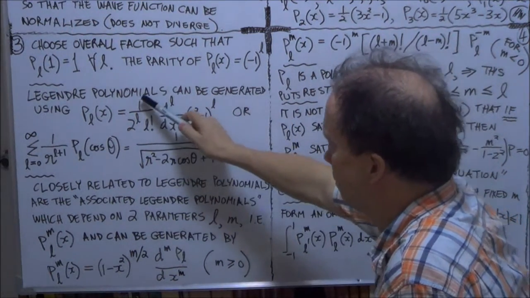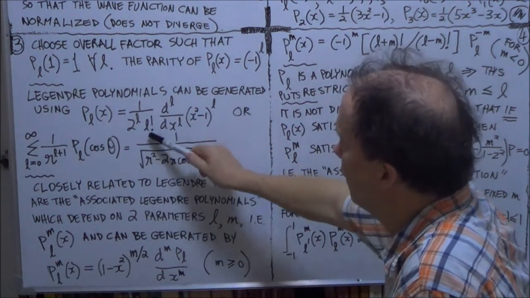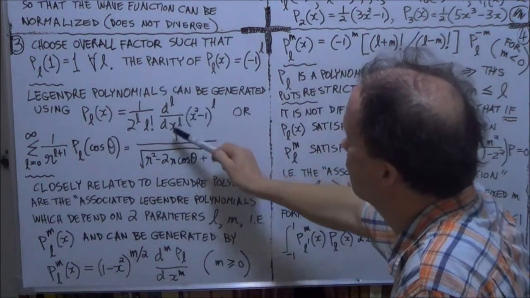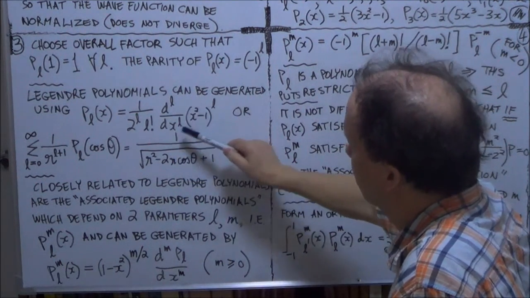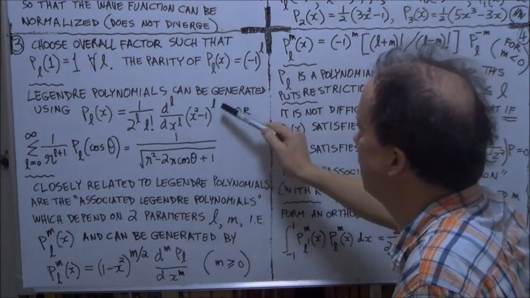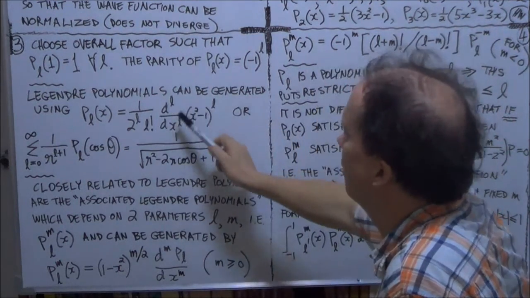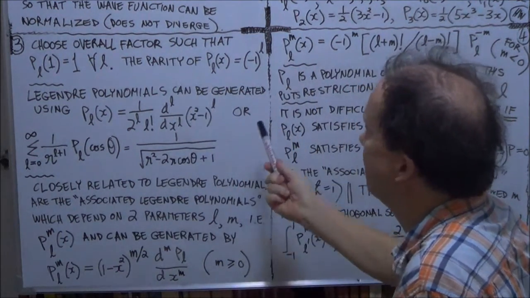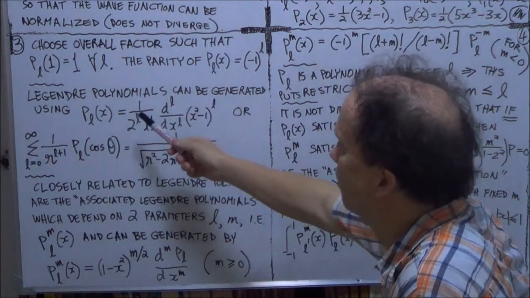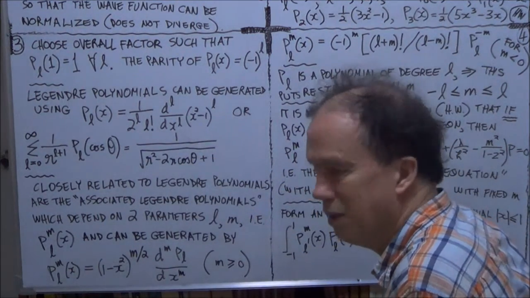So it's 1 over 2 to the power L times L factorial in the denominator, and then the Lth differential with respect to x of x squared minus 1 to power L. If you want, you could differentiate it once, twice, 3 times, and see if you get the same value. Well, of course you will, otherwise this wouldn't be put here. It's part of mathematical history.